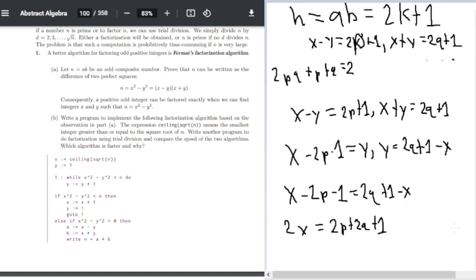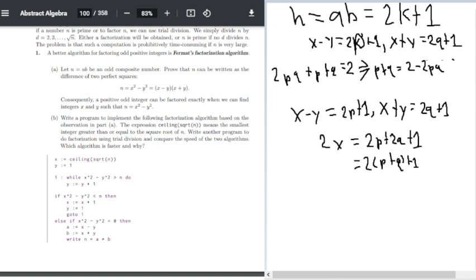Alright, now something we can actually do, if we want to simplify this slightly, is that we have p plus q is equal to 2 minus 2pq, which means that since this is equal to 2(p plus q) plus 1, this will give us 2 minus pq plus 1.